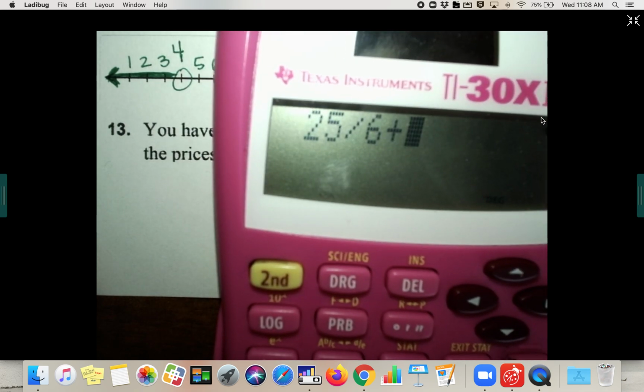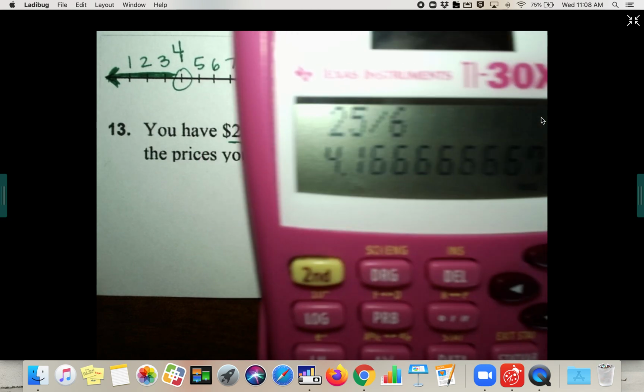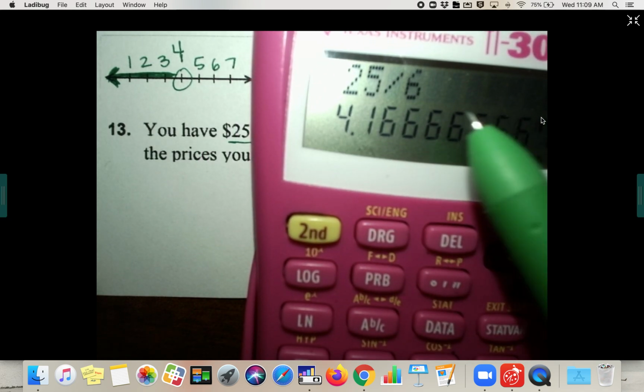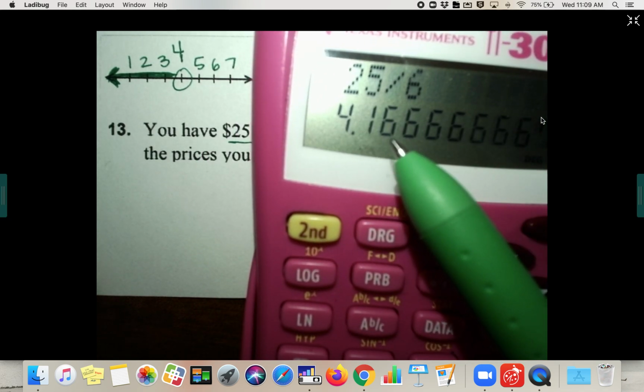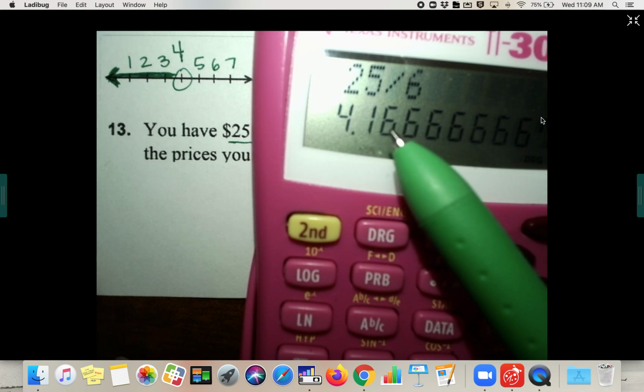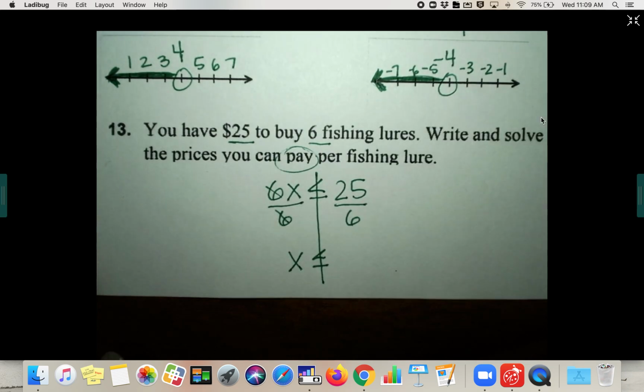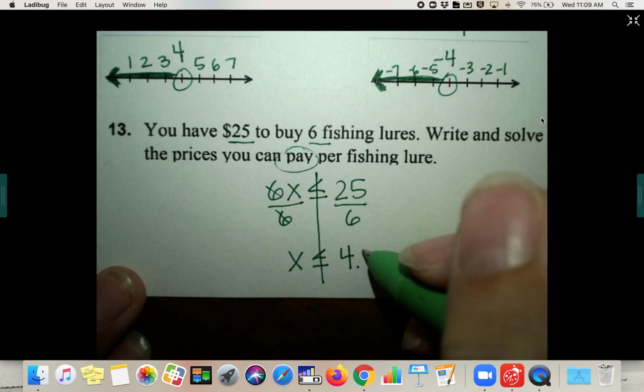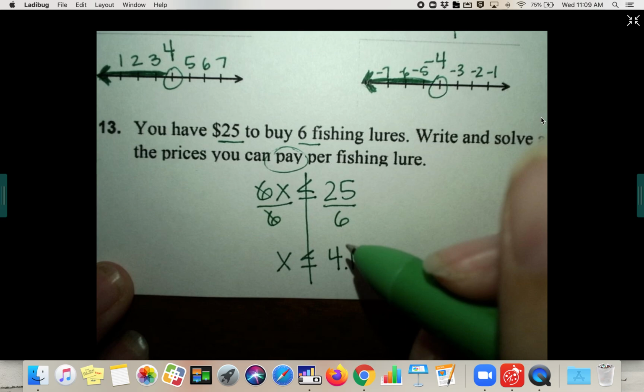So 25 divided by 6 in my calculator is 4.16. I'm actually going to bump that up to a 17 because we're talking about money. So the 6 is going to round this up to a 7. So 4.17. And that is cents. So dollars and cents.